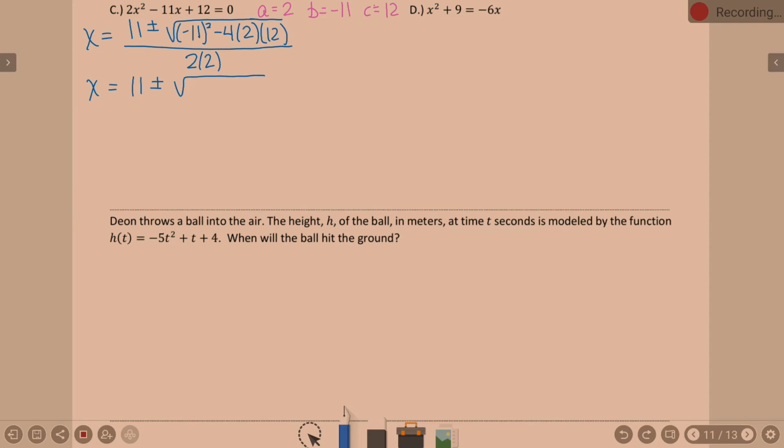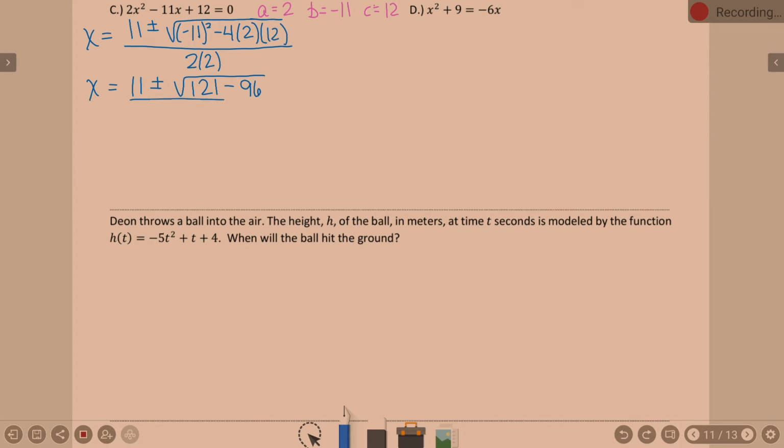Okay, what's going on in that radical? Yeah, you probably want a calculator by your side today, don't you? Negative 11 squared is? Yep, 121. Minus 4 times 2 times 12. 8 times 12 being 96.